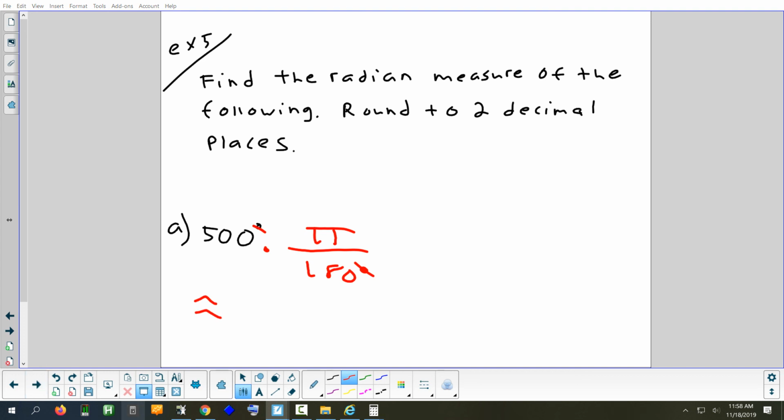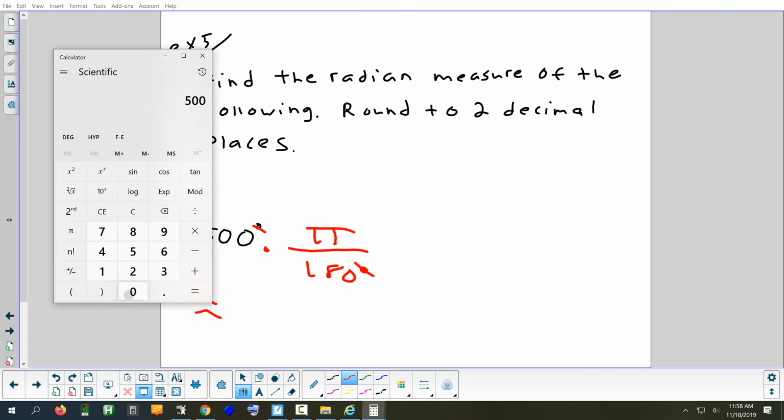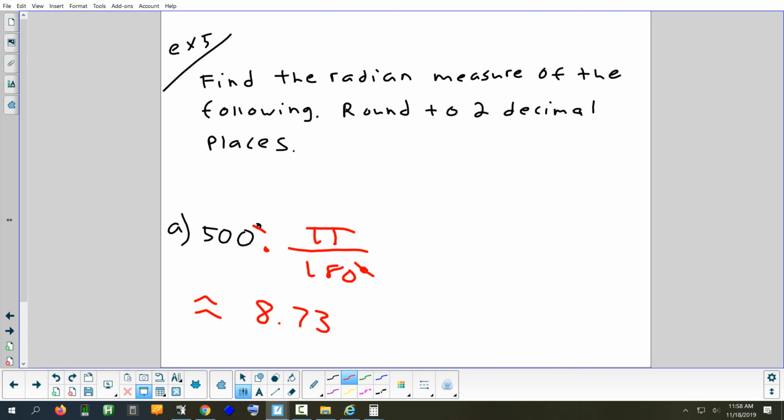Use the pi symbol. 500 times pi divided by 180. So there's nothing rounded until this step. 8.73. In general, two decimals is fine. Do I need a label on that? No, because that's radians. You don't put RAD.